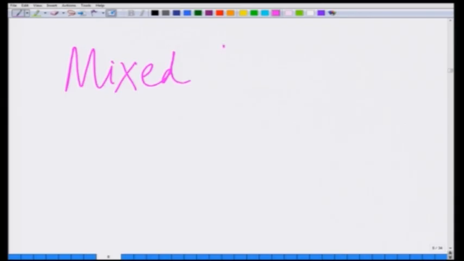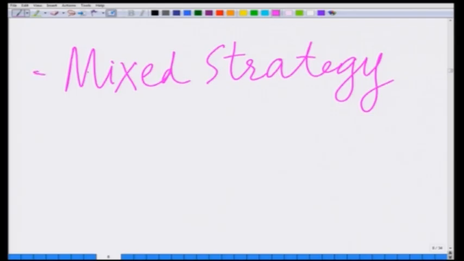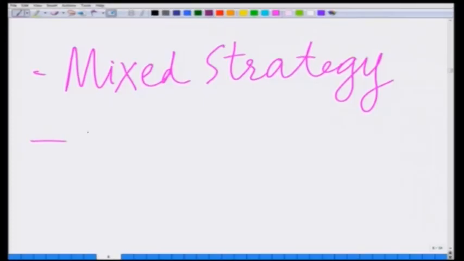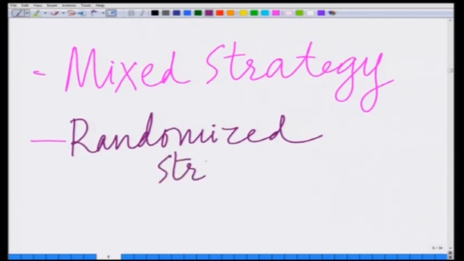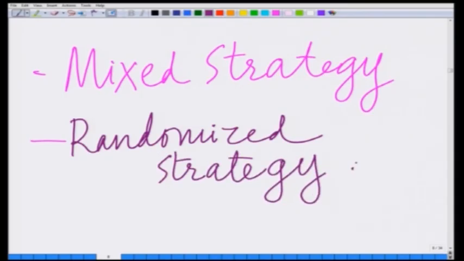It is a mixed strategy because you are mixing between two different actions, that is, between heads and tails, or a randomized strategy because you are randomly choosing one action versus the other, with certain probabilities, right.